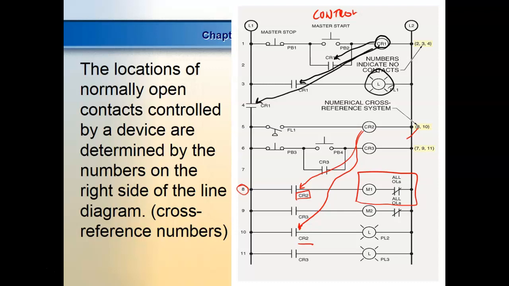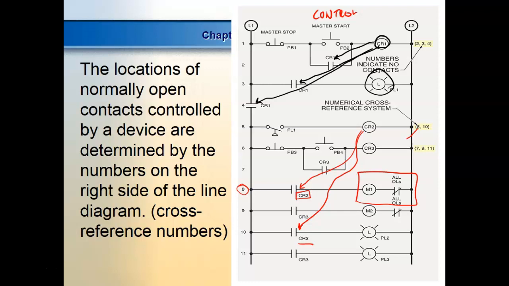Those are starting a motor and stopping a motor. So the only thing that's going to be labeled out here are contacts that are in the control circuit. These are not going to show you the location of contacts in the power circuit. Everybody understand that? So when we drew that diagram a while ago, I showed you L1, L2, L3, and T1, T2, T3 hooked to the motor, but it wasn't in the diagram, right?